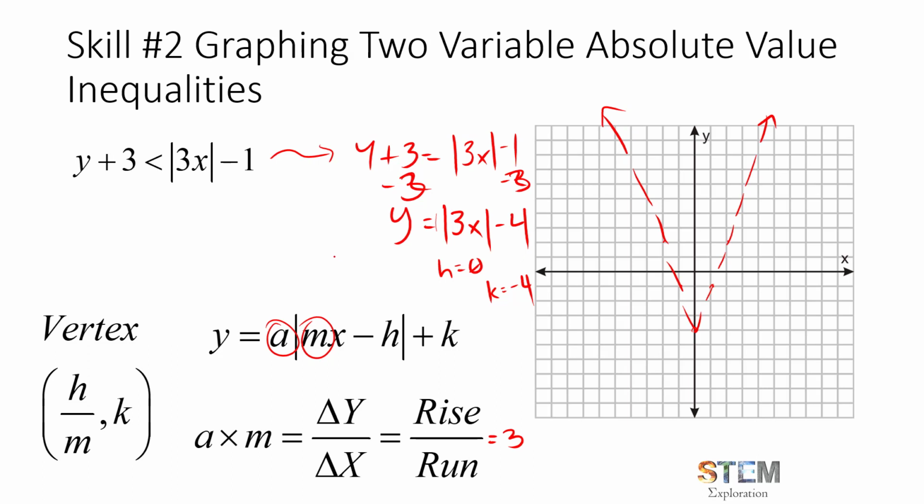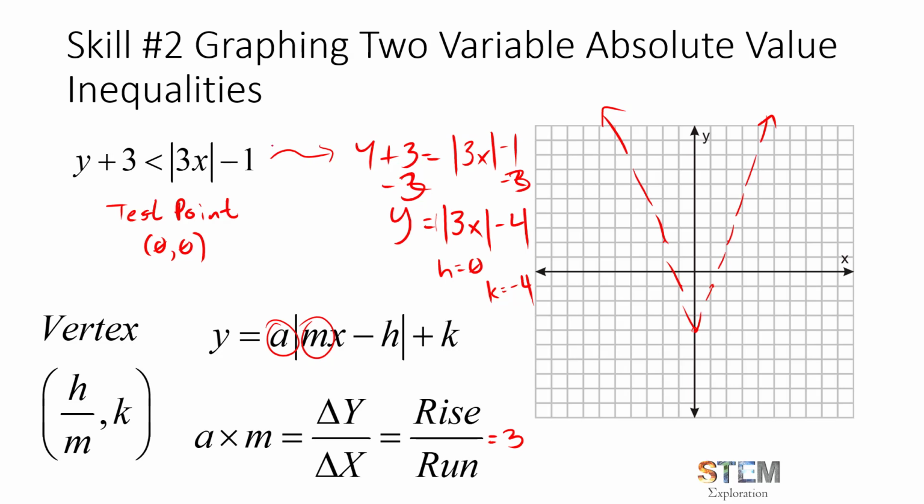And now that I have my boundary line, I do the same thing that I've been doing before, and I test 0, 0. And again, I would always use this as my test point unless the vertex or the line goes over 0, 0 and it's going to be undefined.